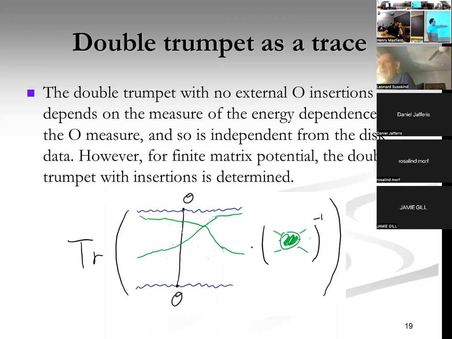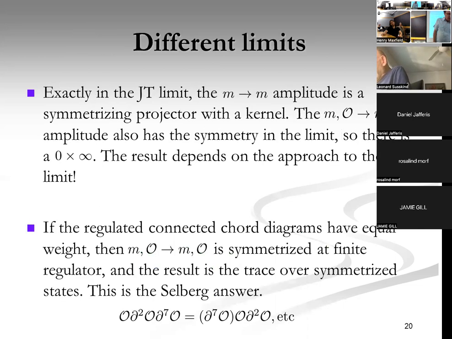So the truncated amplitude has an infinity. The truncated amplitude is 0 between antisymmetrized states, but the inverse of the 2-to-2 propagator is infinite between them. And so how do you evaluate this expression? It really depends sensitively on how you approach the limit. So that's a little bit of a sketch.